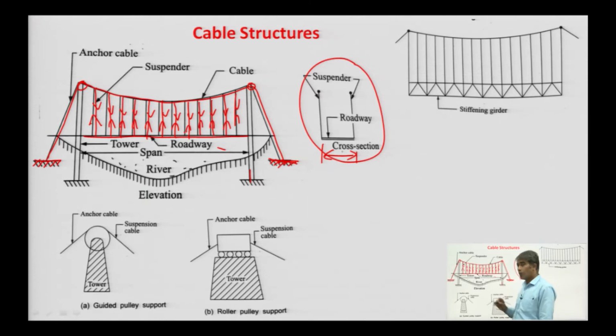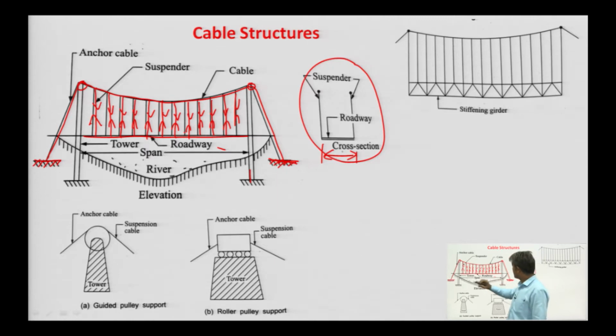Okay. What is the need to construct this type of structure? It is very simple. You can see that it is a river, and we need to make a passage. So, we are creating this type of structures, known as suspension bridges.